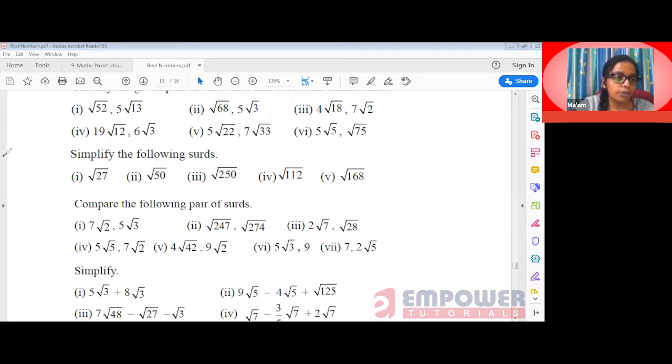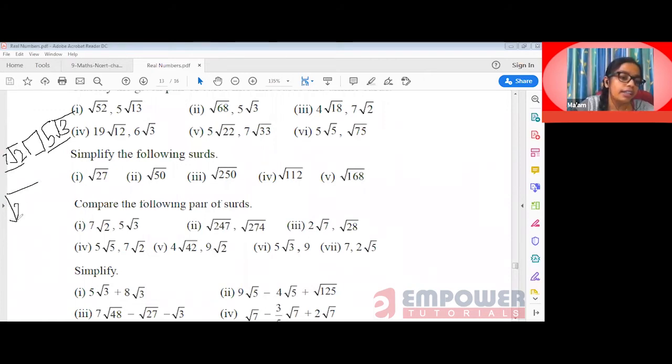So what I am going to do is, see, this is 7 into root 2, right? I have to compare these two. So I will convert these two into surd form. See, these are the simplified versions of surds, so I will convert them into only surd form.